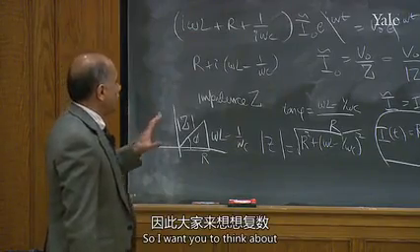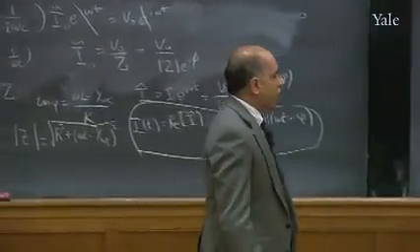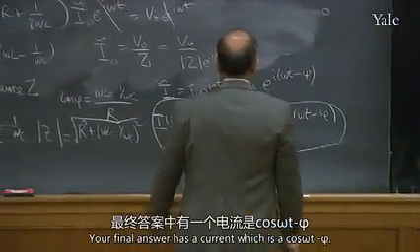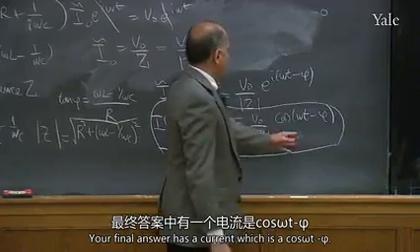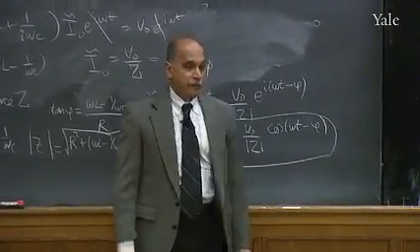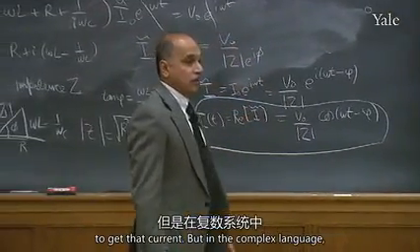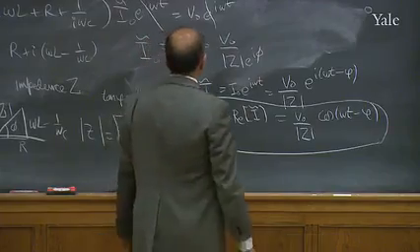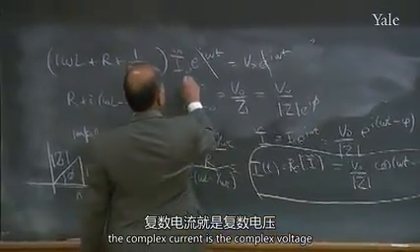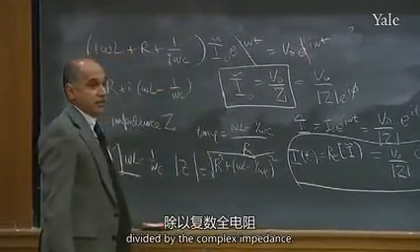So I want you to think about the magic of complex numbers. Your final answer has a current which is a cos of omega t minus phi. Your driving voltage is a cos omega t. There is no way you can divide the voltage by anything to get that current. But in the complex language, the complex current is the complex voltage divided by the complex impedance.